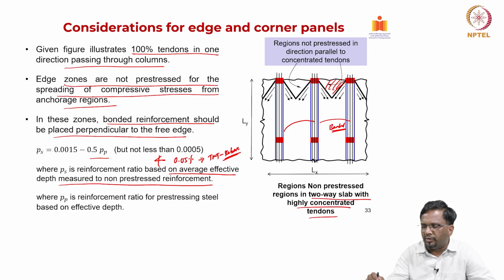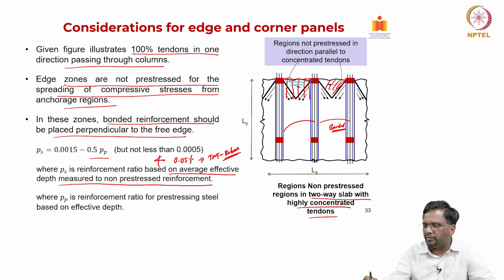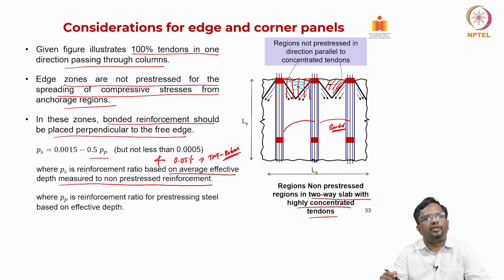The rebar is going to be provided perpendicular to the free edge. So, this is the free edge and I have to put rebar like this, right. If at all I am going to have a crack in this region, I am going to have a crack like this, right. So, this is the way the reinforcement has to be provided, right.